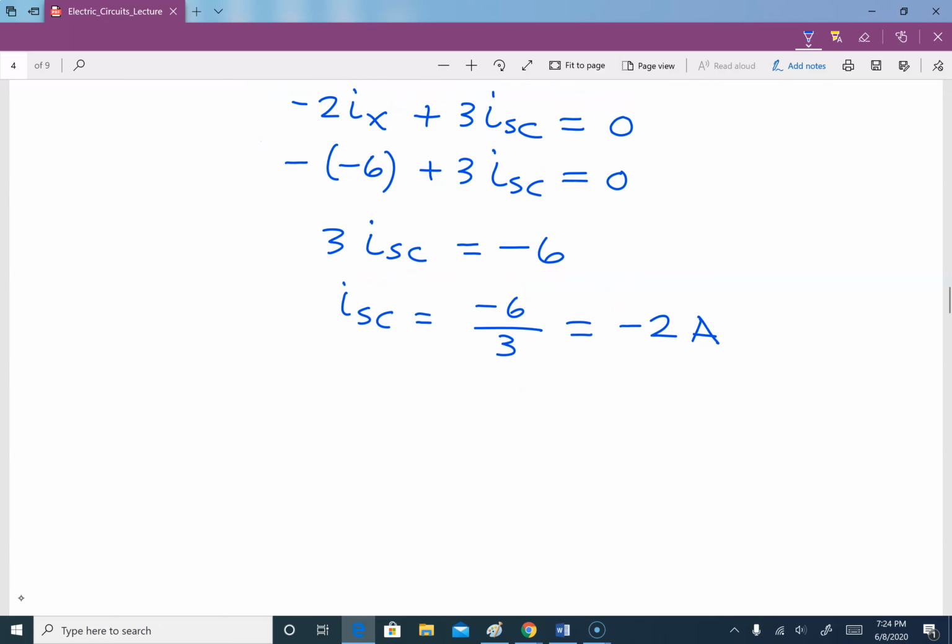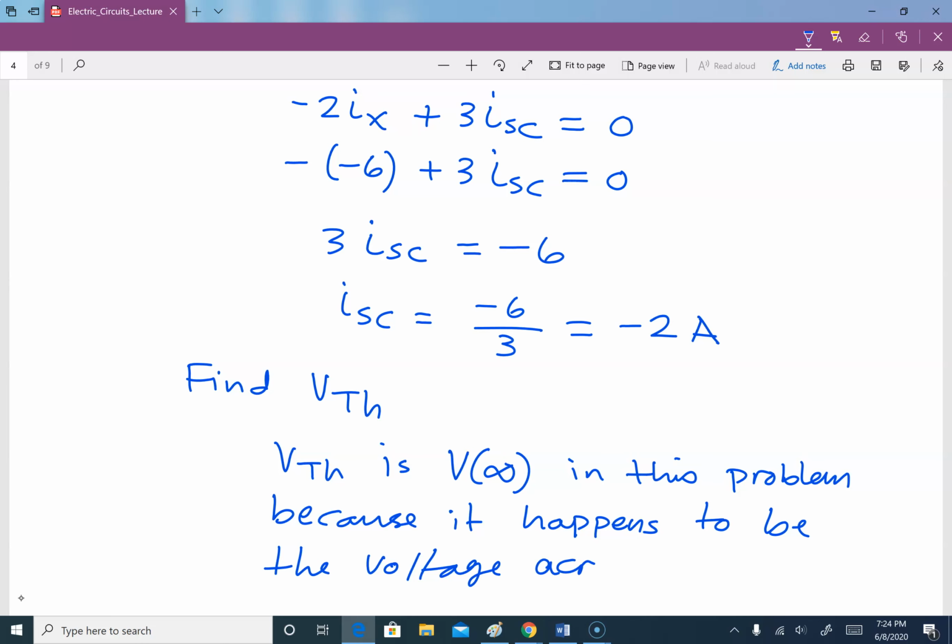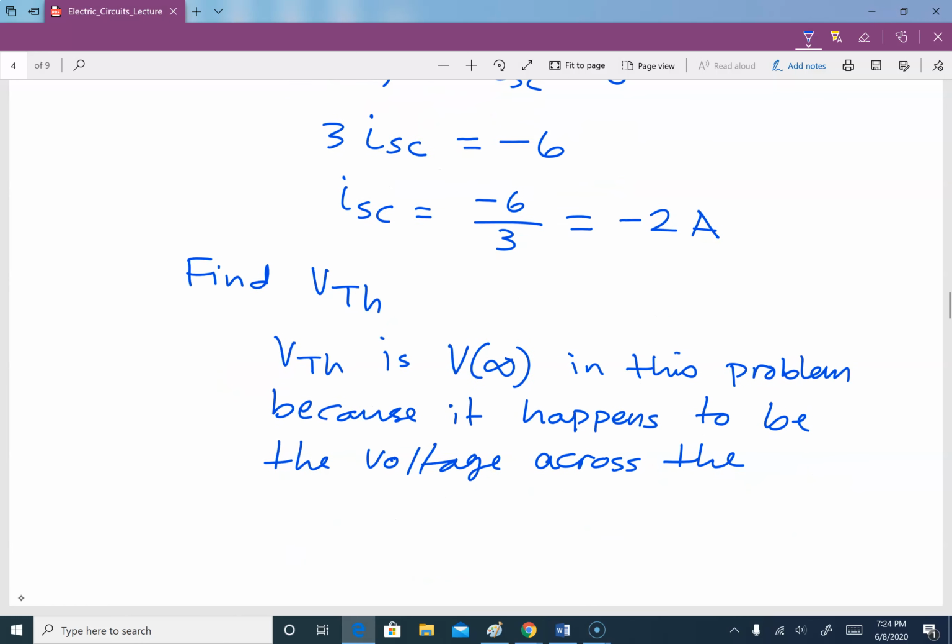So now, if you remember, the second step is to find V Thevenin. However, V Thevenin is V of infinity in this problem, because it happens to be the voltage across the capacitor.